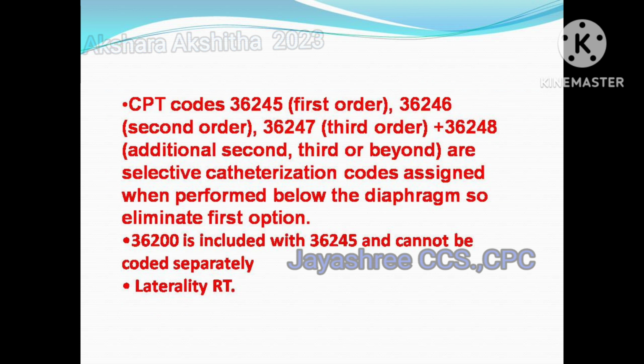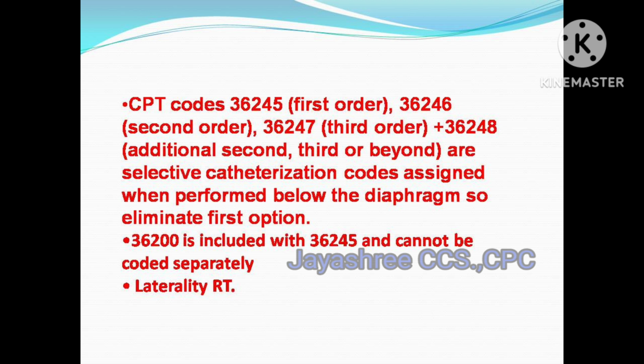Renal is beyond the aorta, so it is selective catheterization. Then, is it above the diaphragm or below the diaphragm? Renal is below the diaphragm, so 36215 will not come, only 36245. So the first option we have to eliminate.